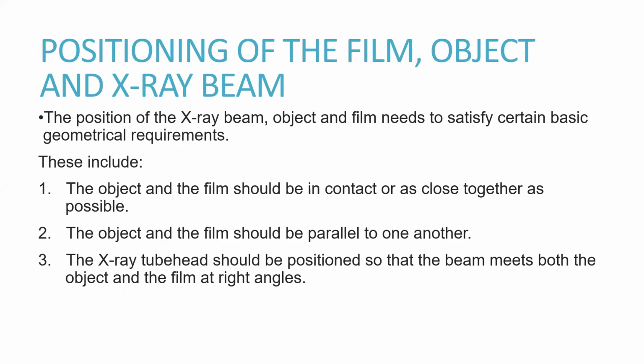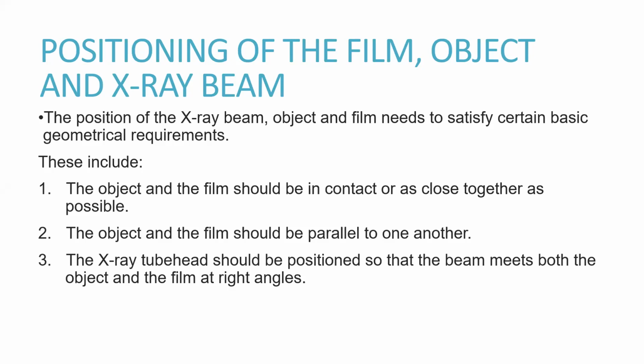We need basic geometrical requirements, and these include the object and film. They should be in contact or as close as possible to each other. The object and the film should be parallel to each other, and this mainly applies to some techniques, not all of them.